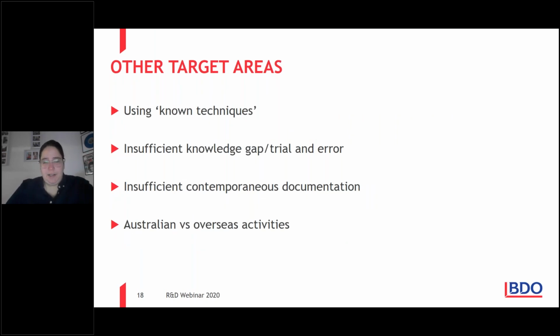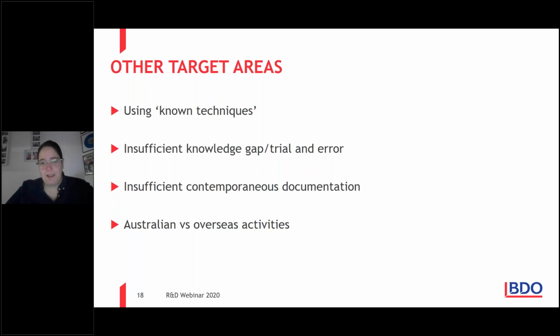Other target areas that we've seen quite a lot of, I'll start with Australian versus overseas activities. When it comes to software developers, it's quite common for a lot of Australian-based companies to seek assistance from overseas-based software developers because in a lot of instances they're cheaper.